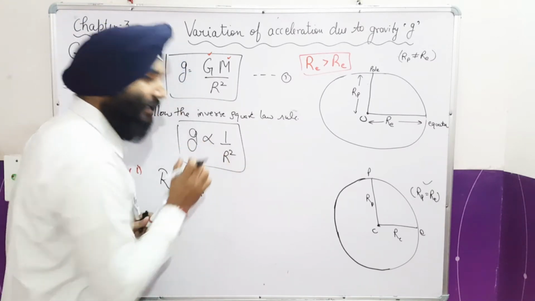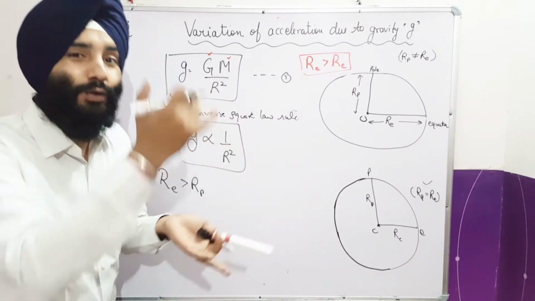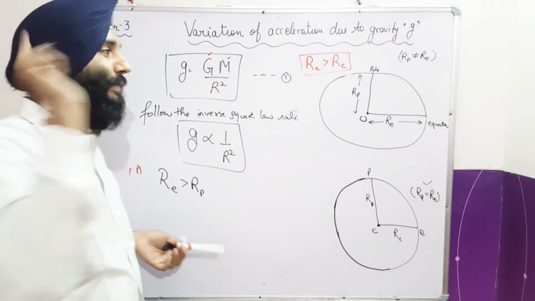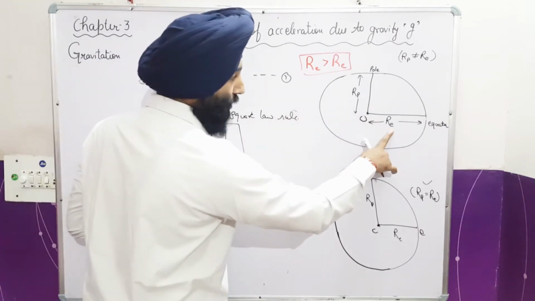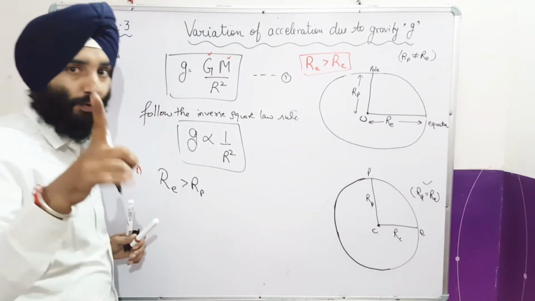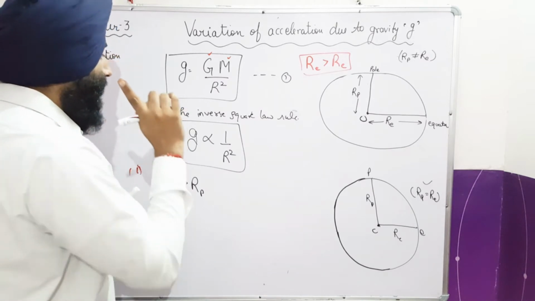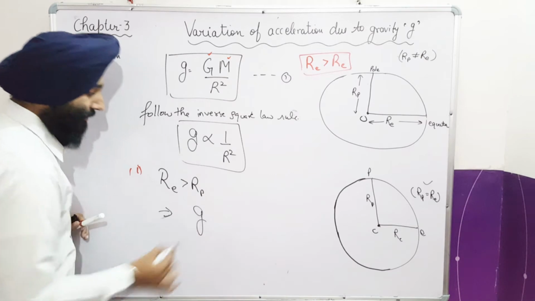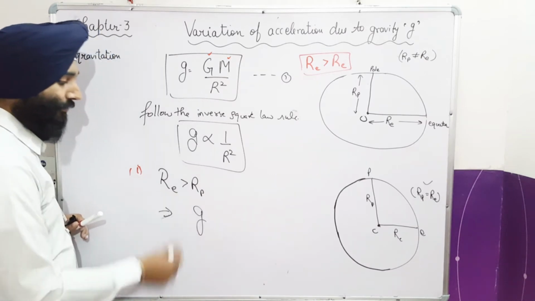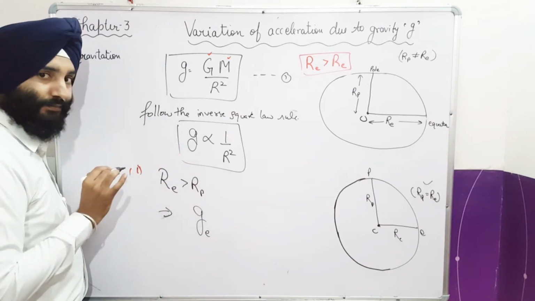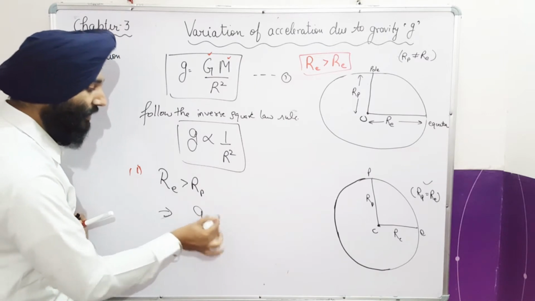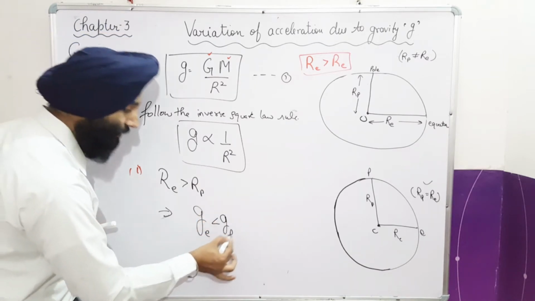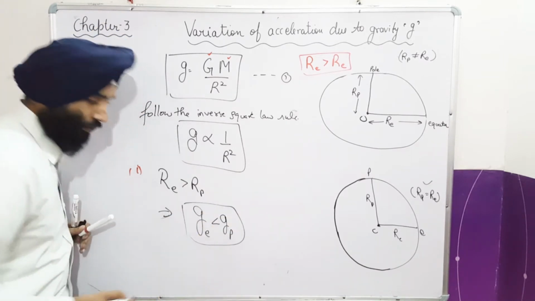If the denominator is bigger, the overall value becomes small. Which implies that the value of gravity at the equator will be less than the value of gravity at the pole. I hope this concept is clear to you.